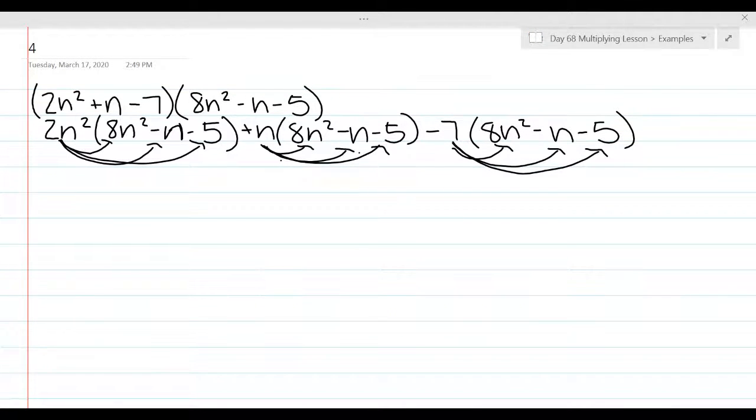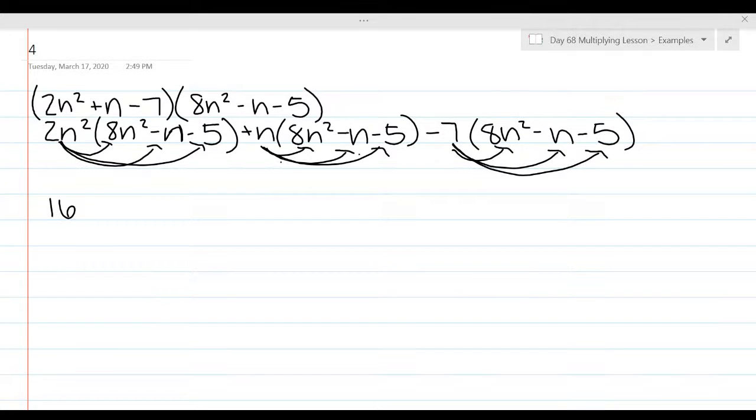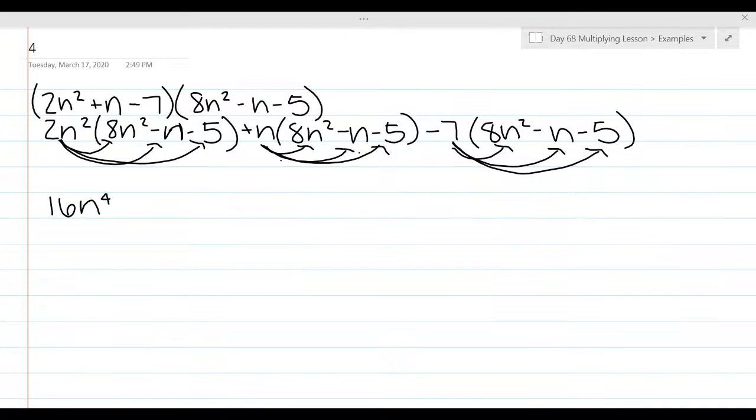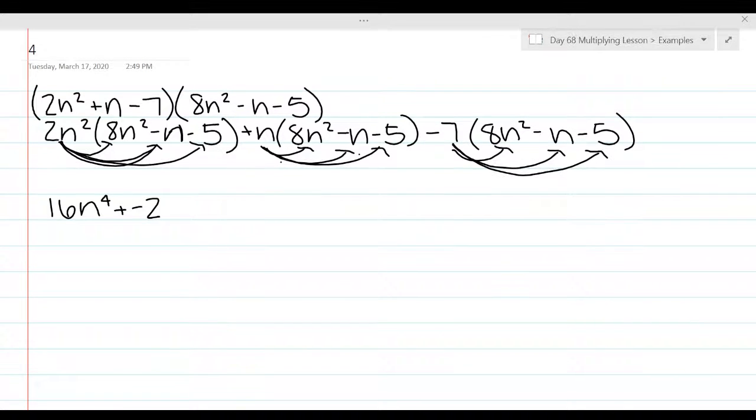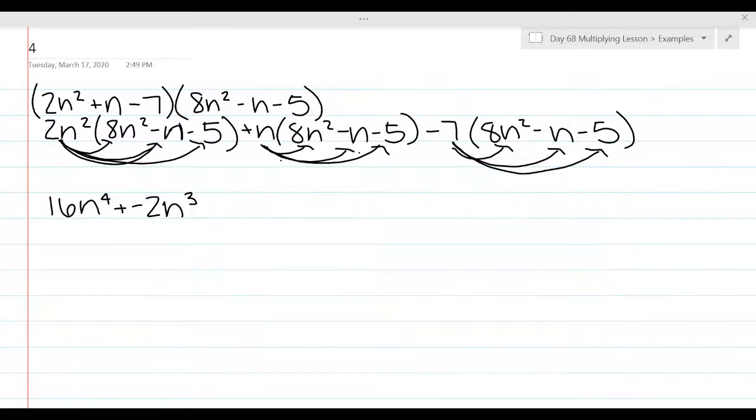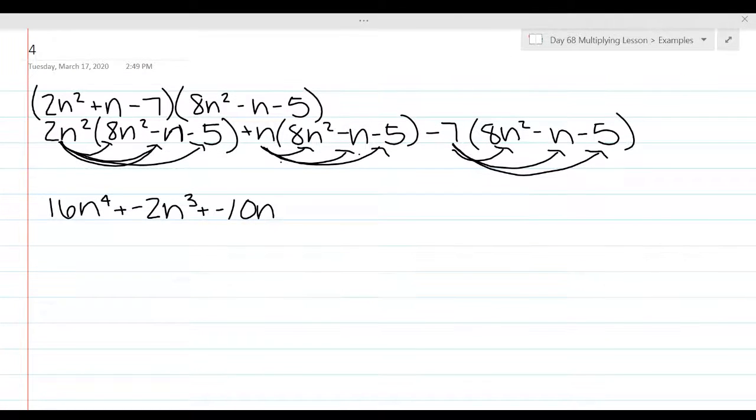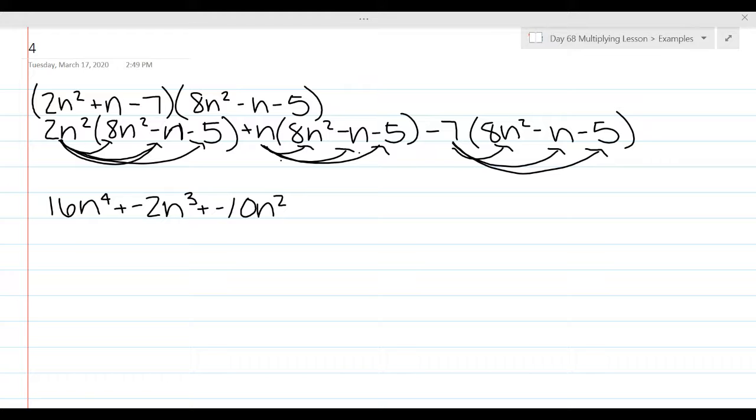Okay, so we're going to have a 16 n to the fourth. And then we got negative 2n cubed plus a negative 10n squared. So that was the first one, so we're done with that one.